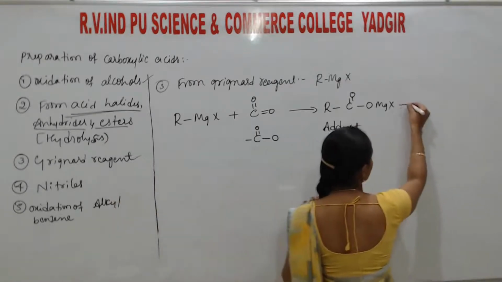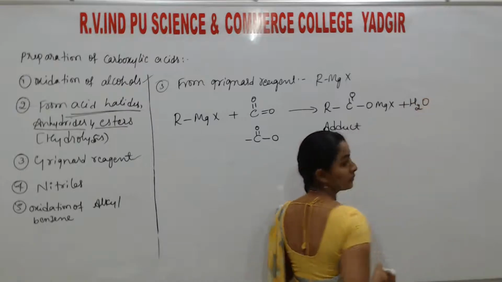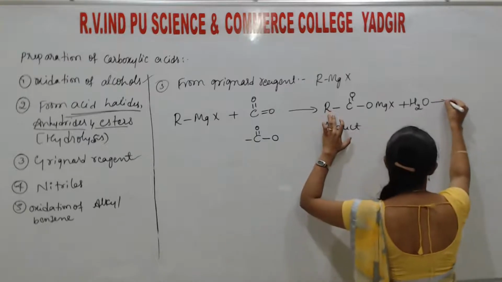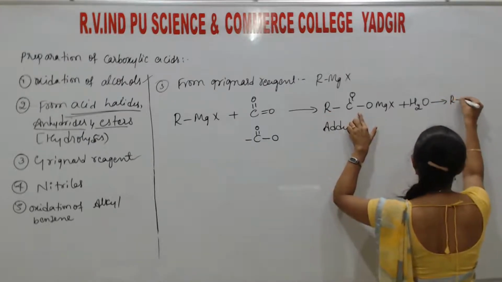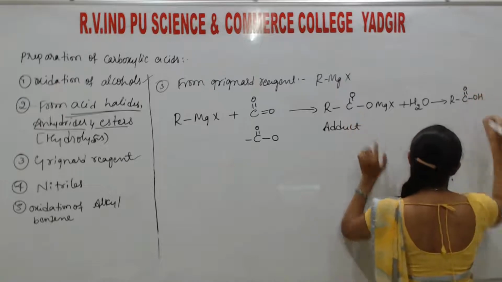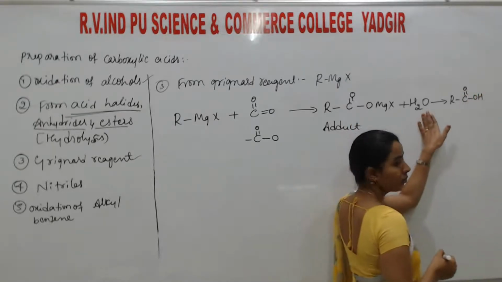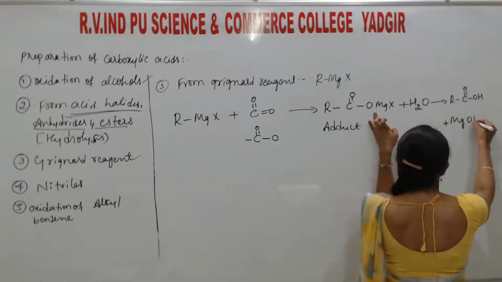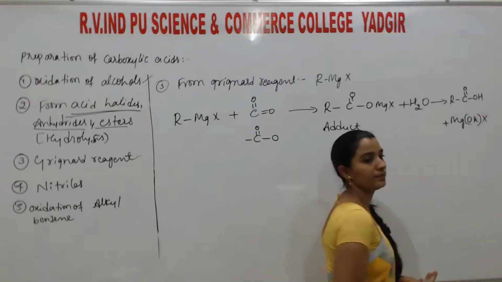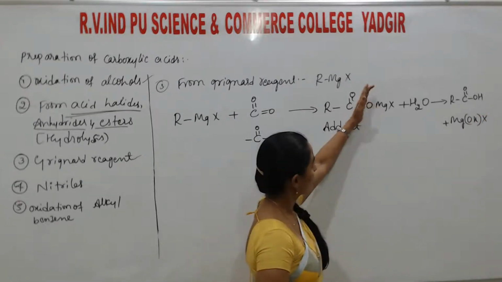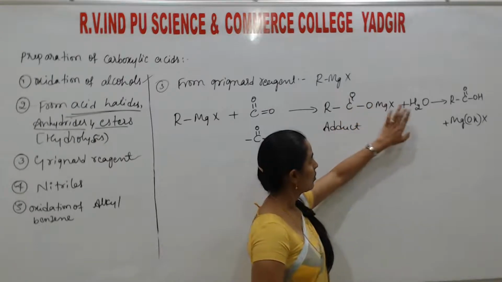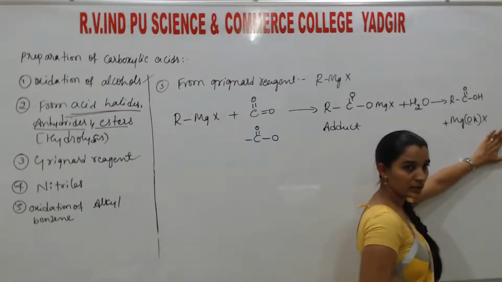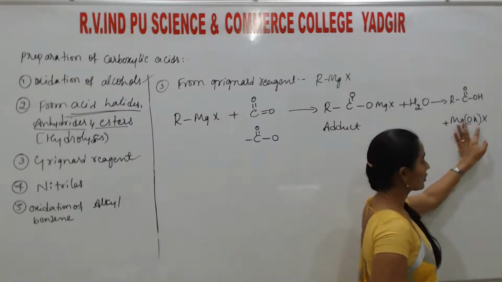Upon hydrolysis, meaning reaction with water, this gives R-C(=O)-OH, where OH is attached here, and the remaining part is Mg(OH)X, magnesium hydroxide halide.